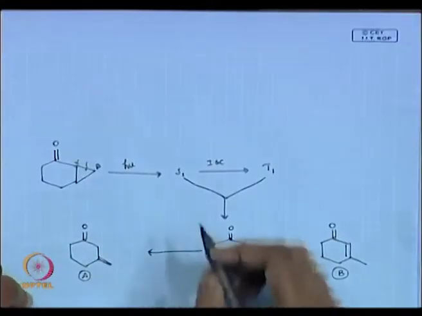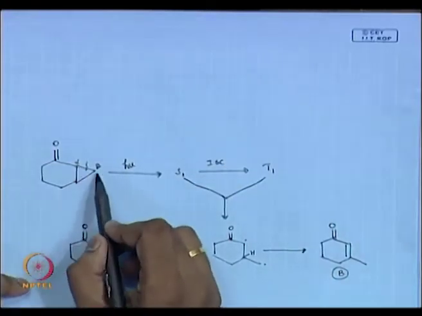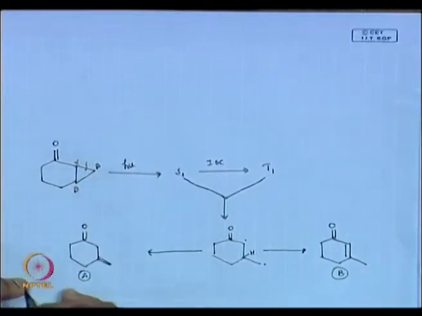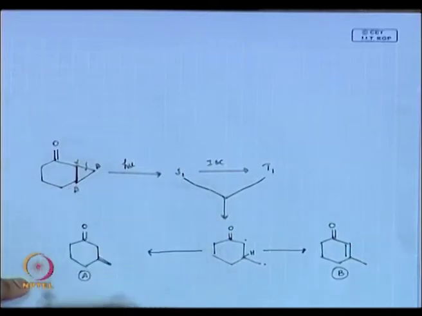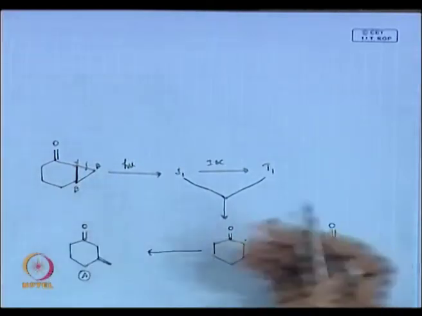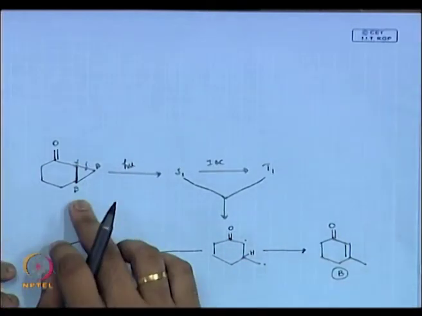Now, if you think about this chemistry a little more carefully, I have another chance of cleaving my bond. You see, I have cleaved this alpha beta. If I cleave this one, what happens? This is also an alpha beta bond. As I say, this is alpha beta, this is also an alpha beta. In the previous case, it was so symmetric that if you break on both sides, it is the same, but in this case, it is different.